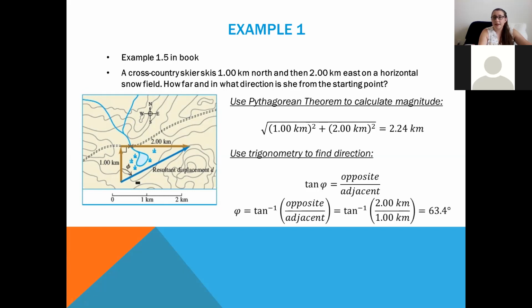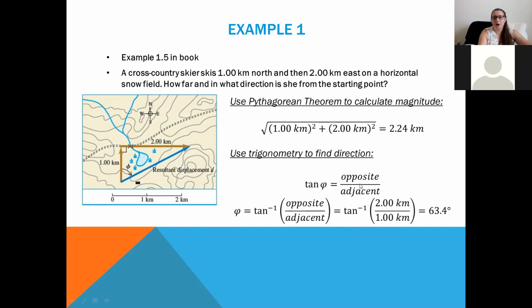The direction that it's pointing in is that inverse tangent equation. And the reason why it's an inverse tangent is because of those trig identities. Keep in mind SOHCAHTOA. So TOA, the tangent of our angle. In this case, it's phi, but it's just another symbol for angle.